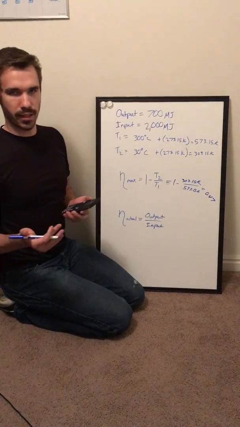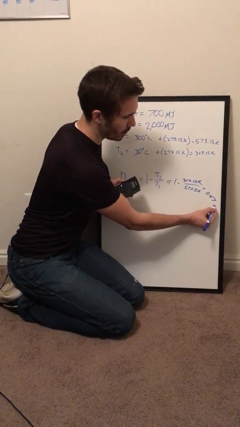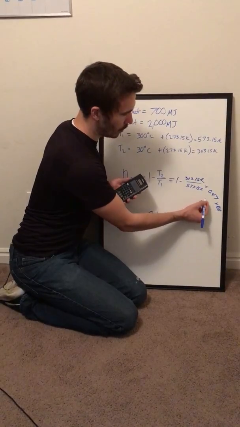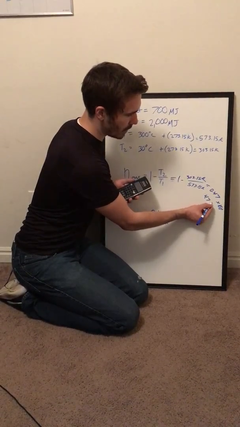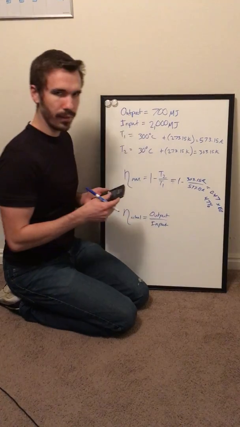To convert that to a percentage, all we have to do is multiply by 100, which gives us 47% as our efficiency.